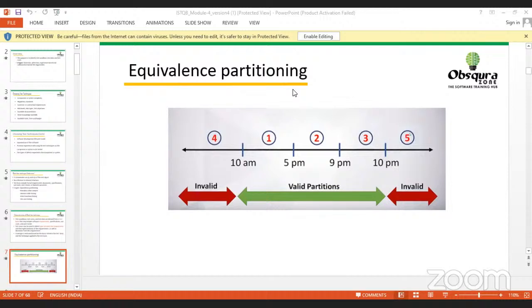But we have to make sure that we cover the valid partitions, and we test the invalid partitions also individually, in our test cases. The range and everything can be different based on the tester's approach. Clear, right, Maria? Yes, ma'am. Okay, thank you.